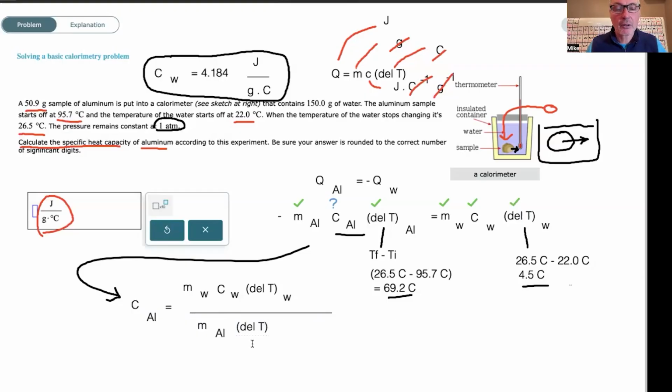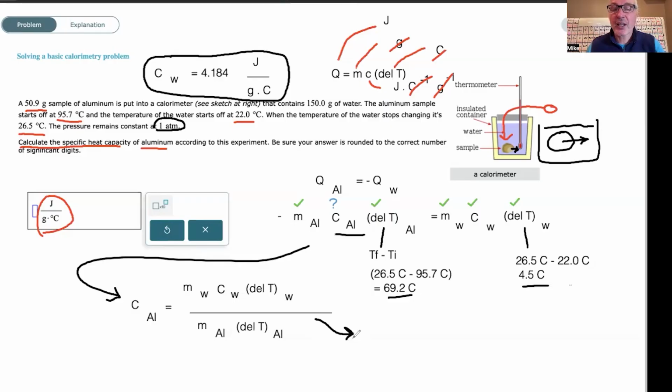Now, let's feed it numbers and see where we get. That was water. Okay. So that is down here now.